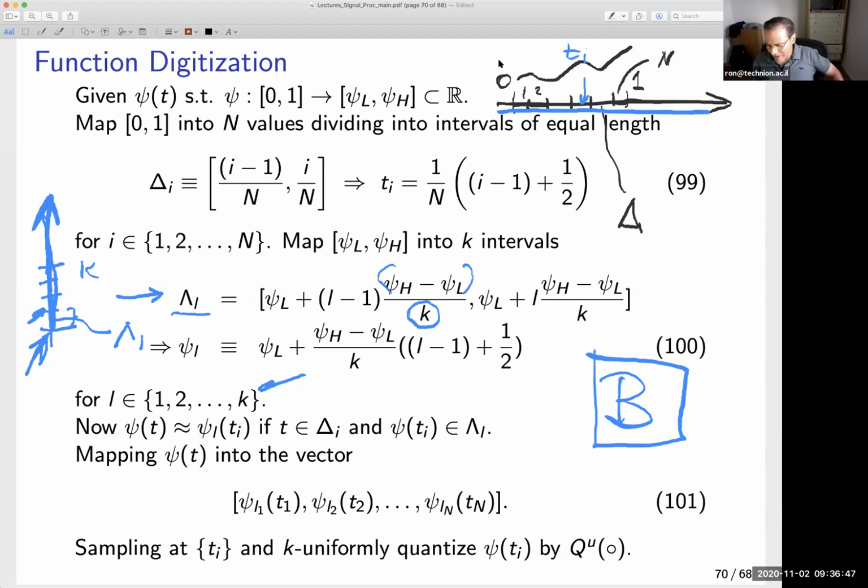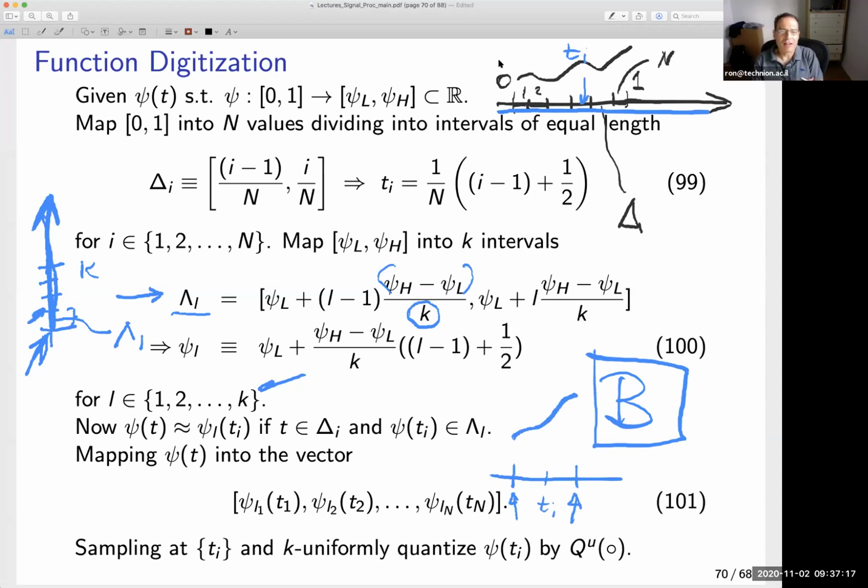Let's do it one step at a time. For each and every time slot, let's zoom into interval number t_i. This is how the function moves slowly, and this would be the lower part of this interval, and this would be the upper part of this interval, and this is how the phi function is moving along. What would be the most efficient way?